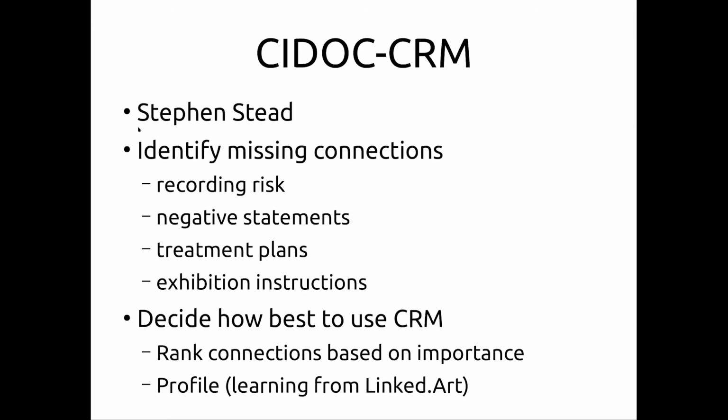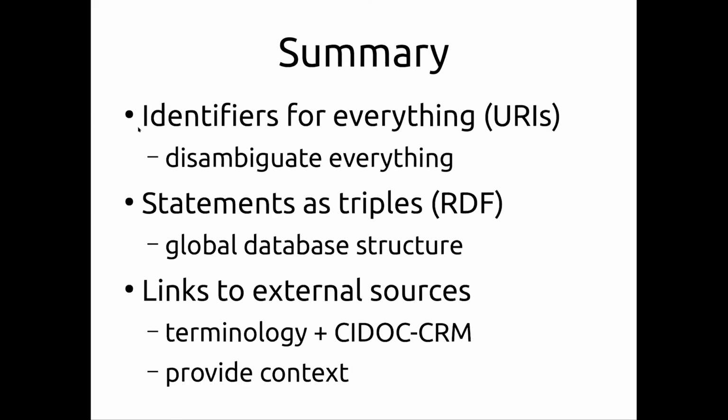So my final slide is a summary about linked data, and I hope this is clear. We need identifiers for everything, the URIs, so that we disambiguate every single thing that we're referring to. Then we need to organize these URIs in triples, which is the global database structure that everyone can recognize. That's RDF.